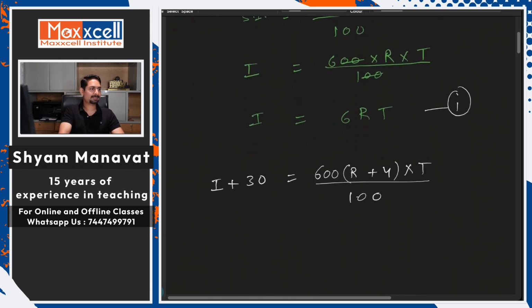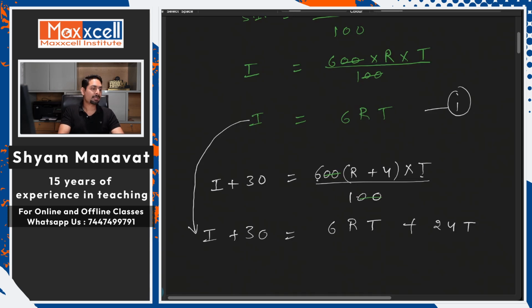All right, so let's cancel these zeros and open the bracket. So I have 6 here, I have t here. So 6t, if I open the bracket and multiply with R and 4, I have 6RT plus 6 4s are 24, and then we have got t here. And this is I plus 30. Now, can we replace the value of I from equation number 1 to here?